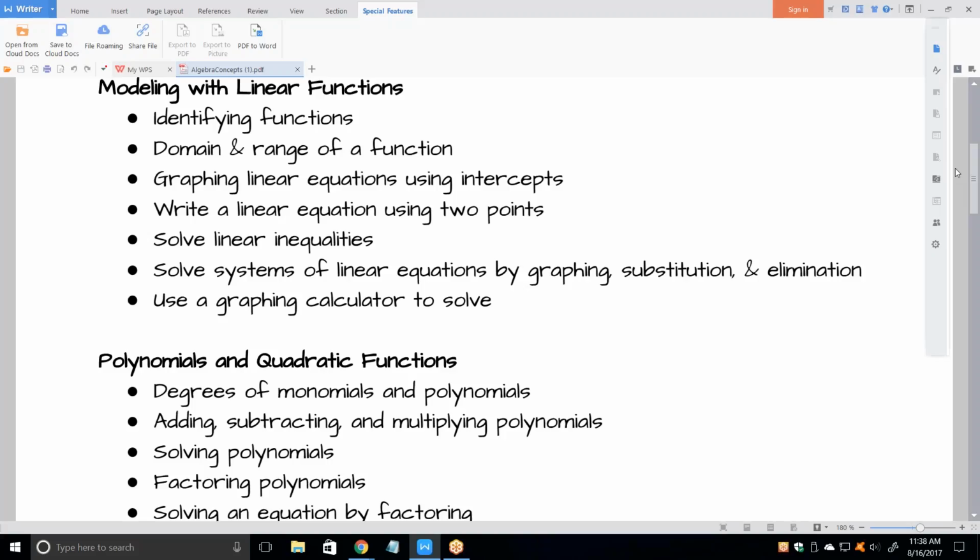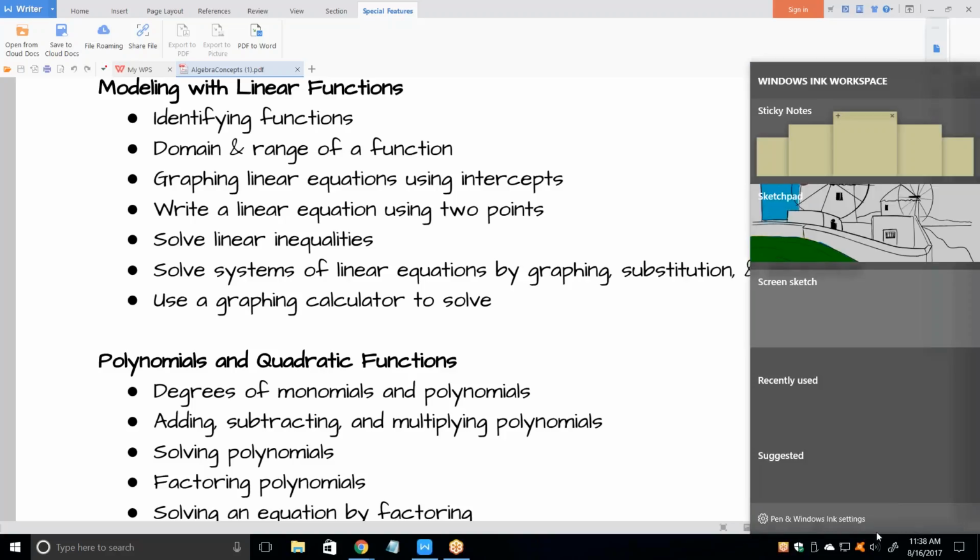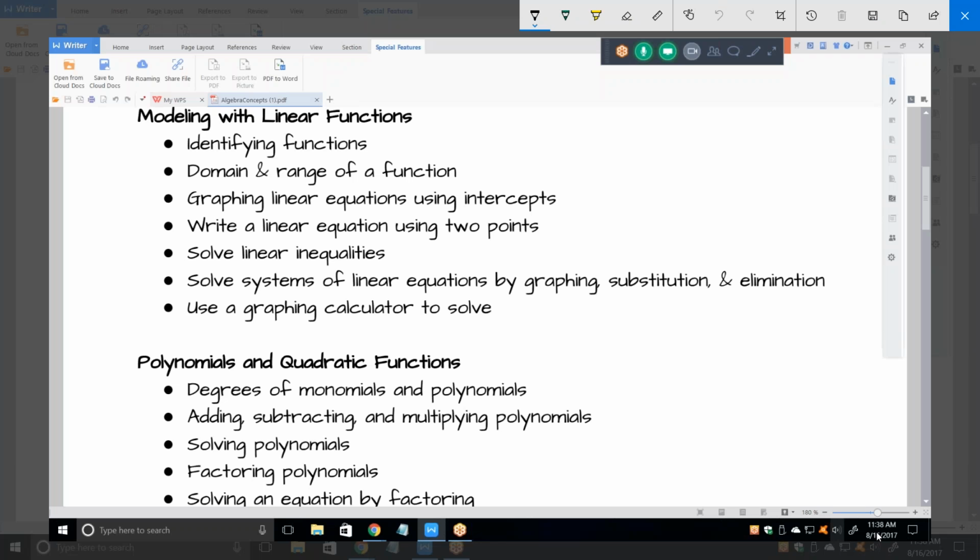How do you identify a function? I'm going to draw some graphs. You tell me which ones are functions and which aren't. I'll draw 4 of them.